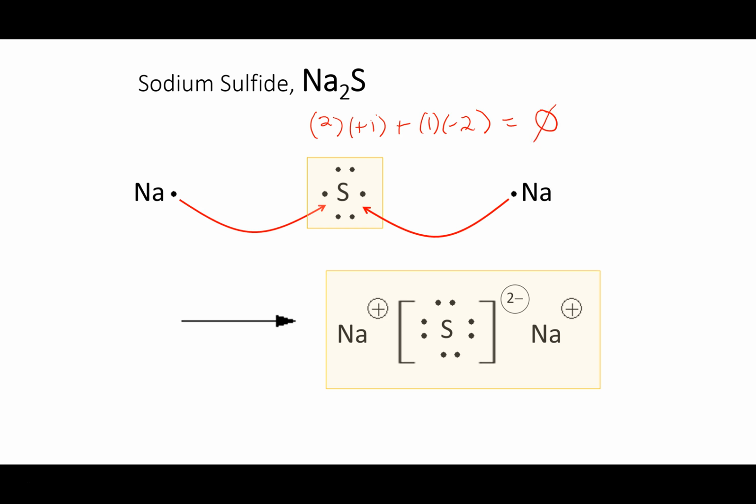Notice if I wrote a formula of NaS, that wouldn't work because I'd end up with a -1 charge. So I need Na2S because I need 2 of those +1s. Okay. Let's look at another example.